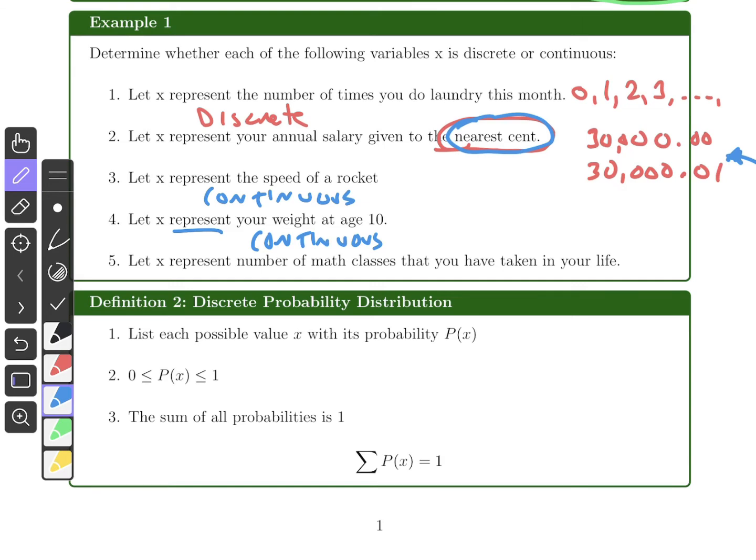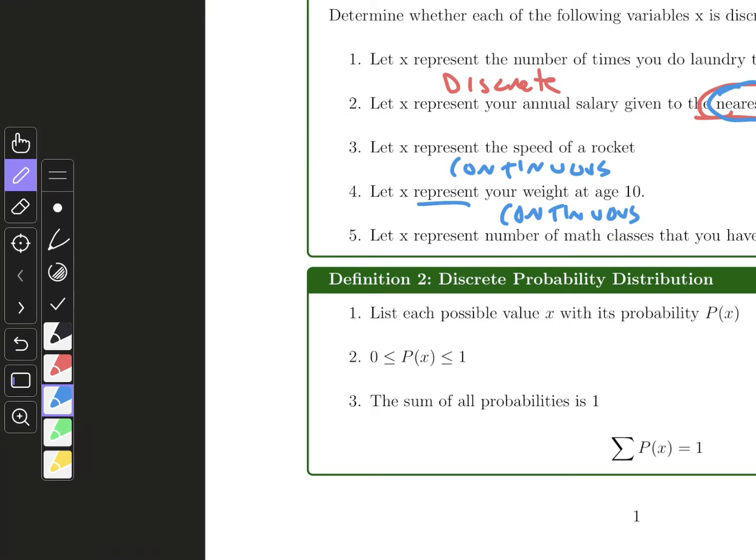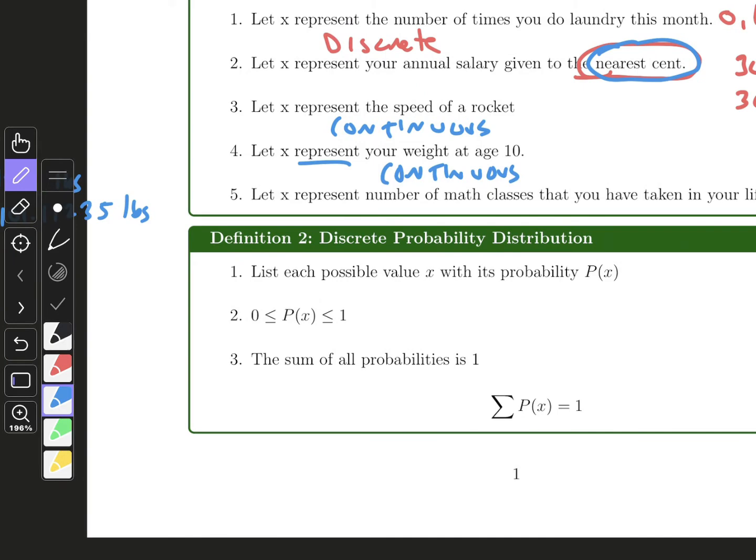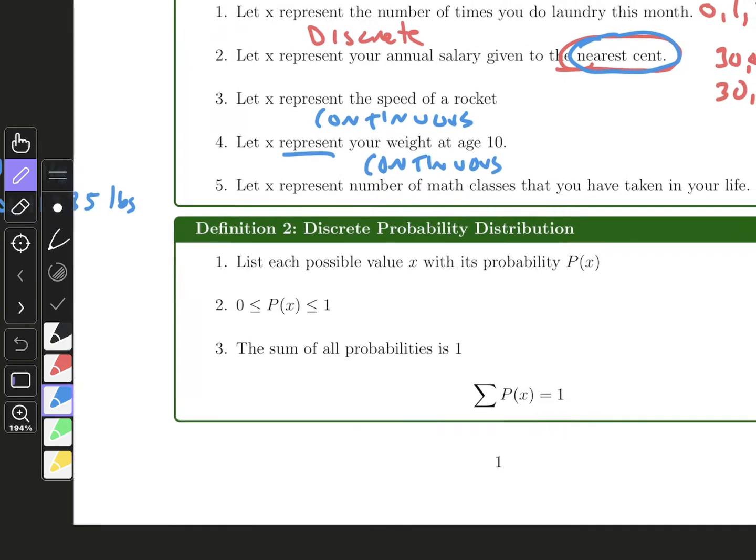The only reason that we can't have weights of 100.1 pounds and 101.11235 pounds is because of the accuracy of the scale. The variable, yeah, you could take on any weight between those two. It's just the scale won't let you. But that doesn't mean the variable can't. Okay. Now, if I told you to round to the nearest pound, then yes, now it is discrete.